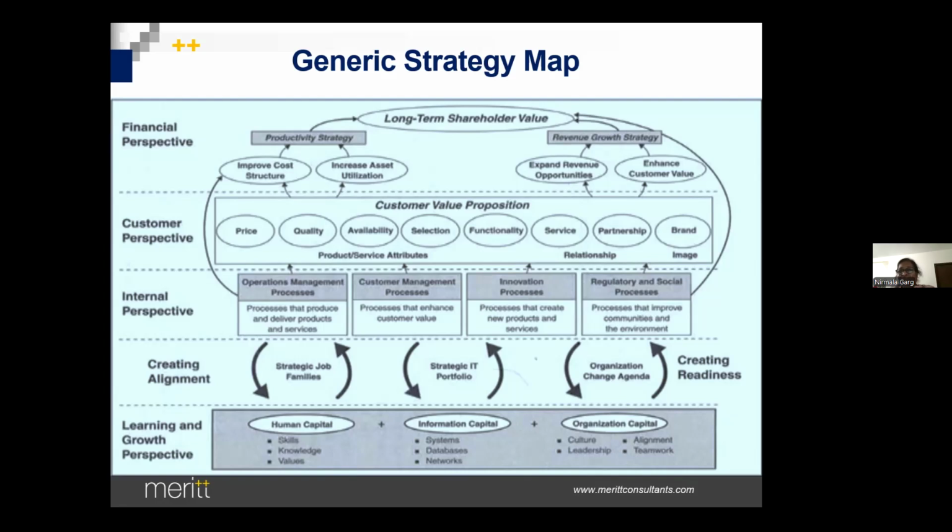Okay, Hari, tell me which are those four perspectives? Financial, customer, internal, and learning and growth. These are the four perspectives.